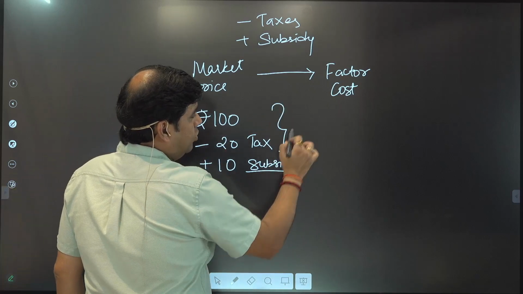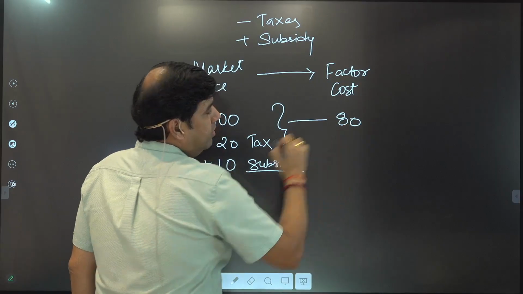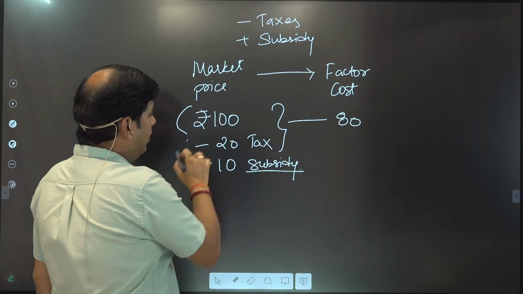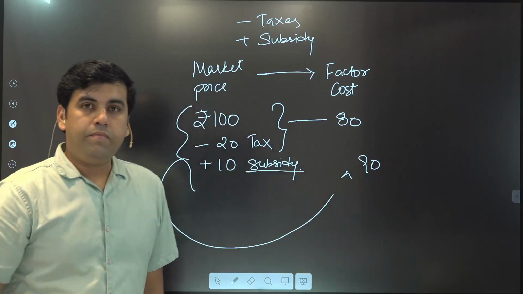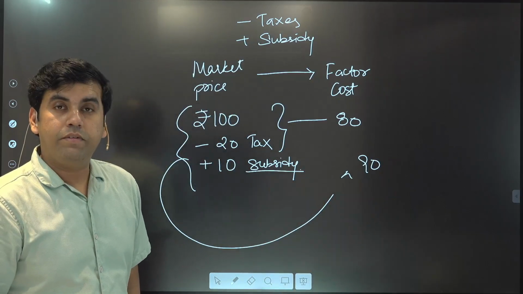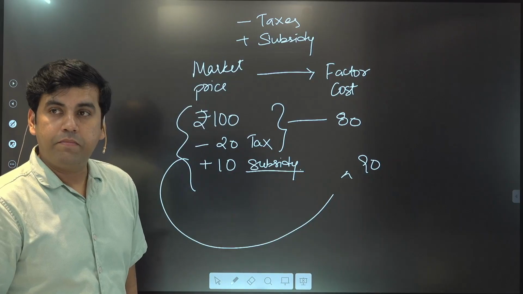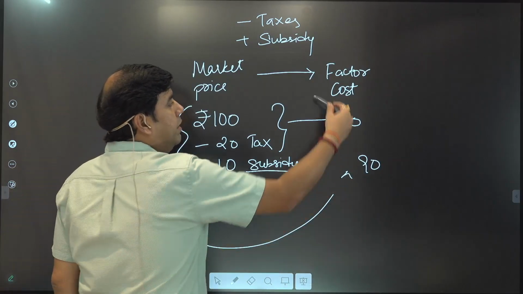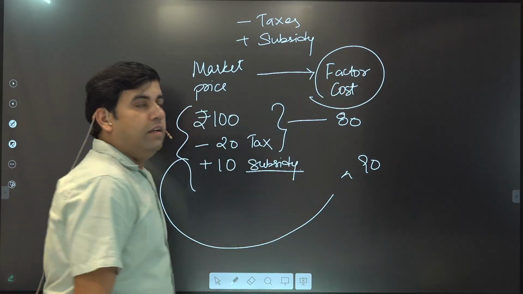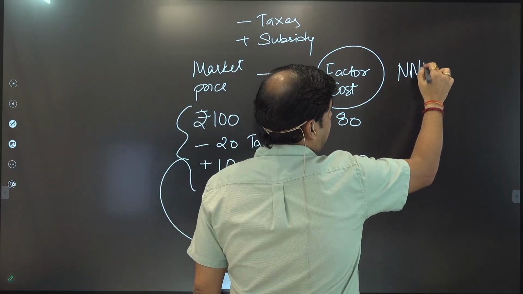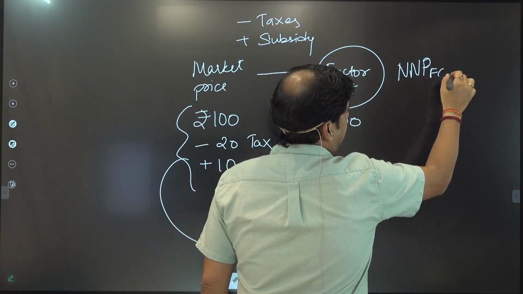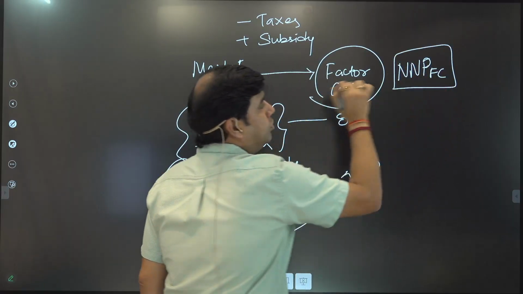If you take these two, this will be the answer. If you take all three, the answer will be 90. So there is a difference. Previously, government was using factor cost for GDP, and we used to calculate NNP at FC. FC is factor cost. This is what we used to have.